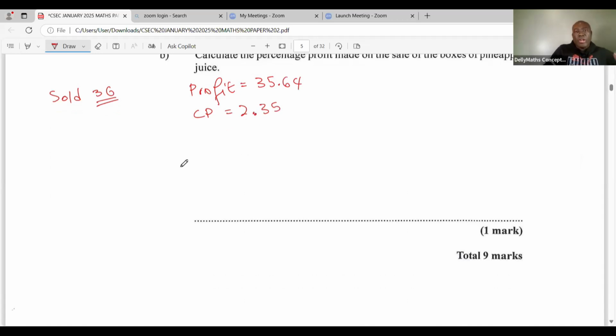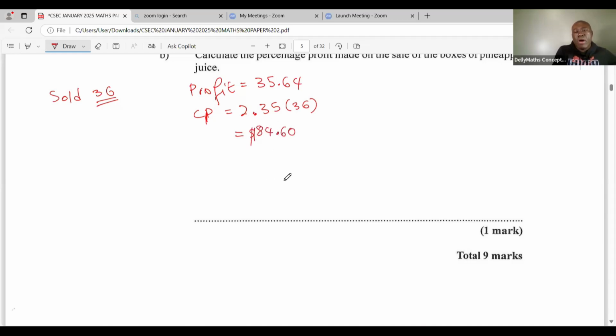That's for one. So then if we want to know the full cost that it costs us, we're going to multiply this by 36 because we had 36 of them. So it really cost us $84.60.